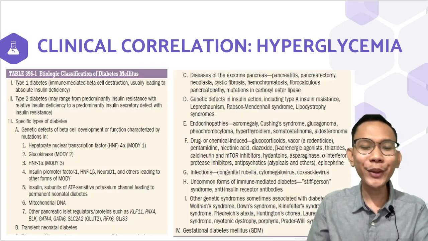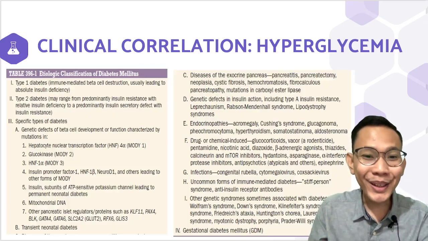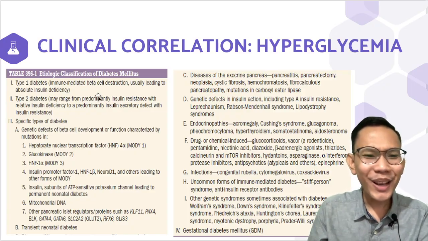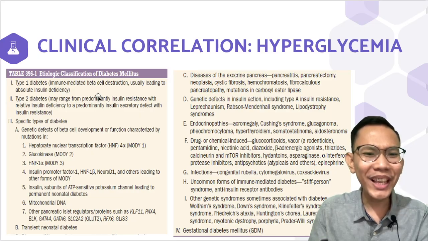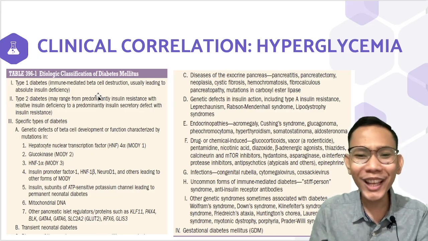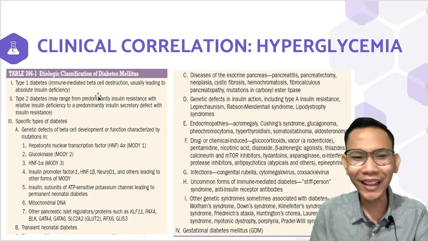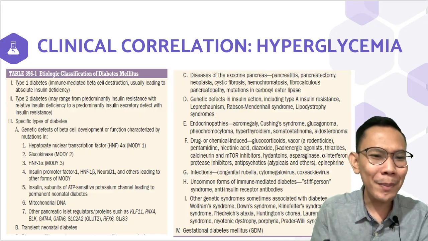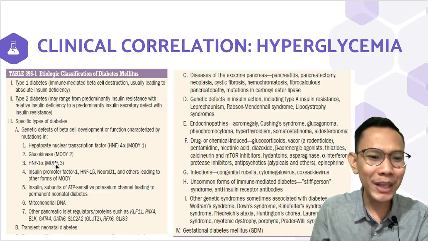So again, if you see your Harrison's internal medicine book namin sa medicine, these are the different classification or etiologic classification of diabetes. Dati alam na natin, DM type 1, type 2, but basically speaking, marami pang mga specific types of diabetes.